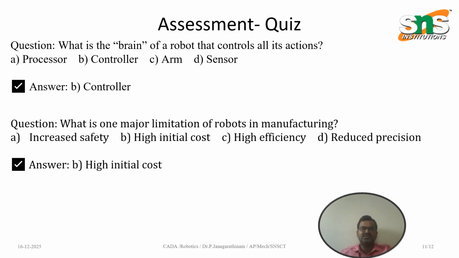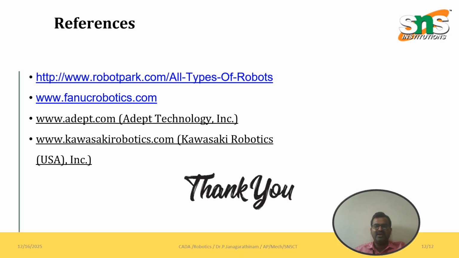These are the assessment questions. Two questions: What is the brain of a robot, the controller of all actions? The controller. What is one major limitation of robotics in manufacturing? High initial cost. When we implement a robotic system, the initial cost will be high.